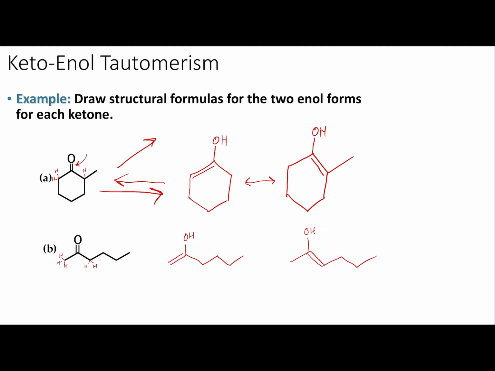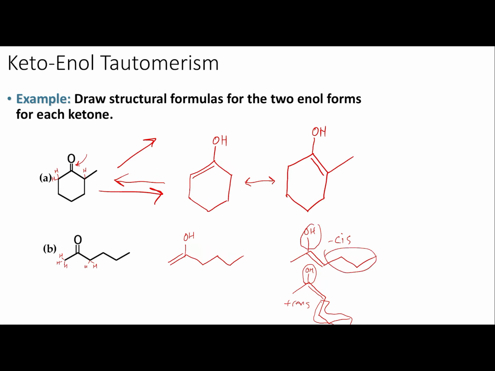When the double bond forms this way, we actually could get 2 versions of this. I drew the cis version, but we could also get the trans version, where these groups are on opposite sides of the double bond.